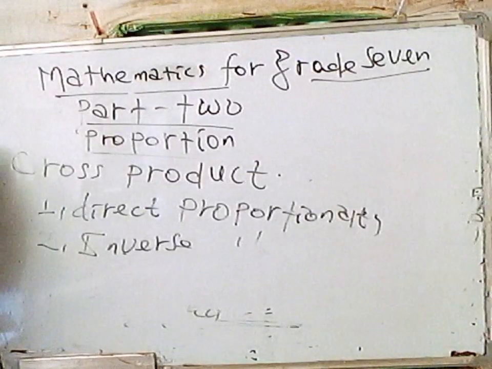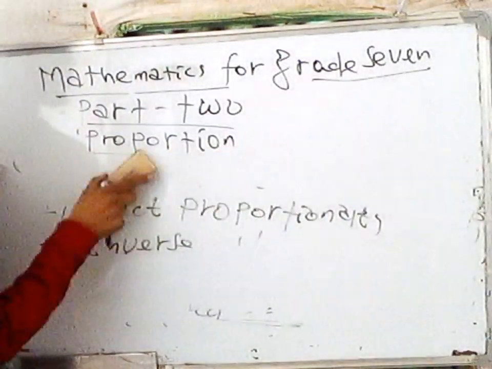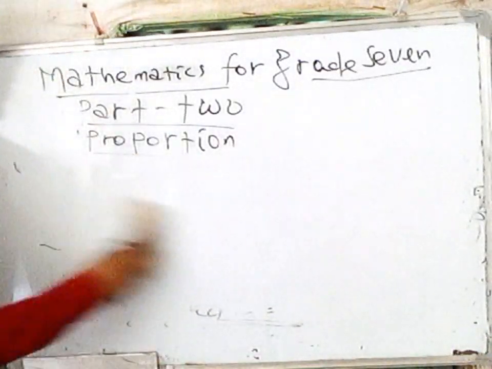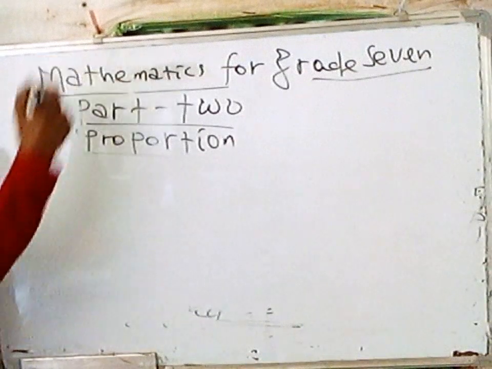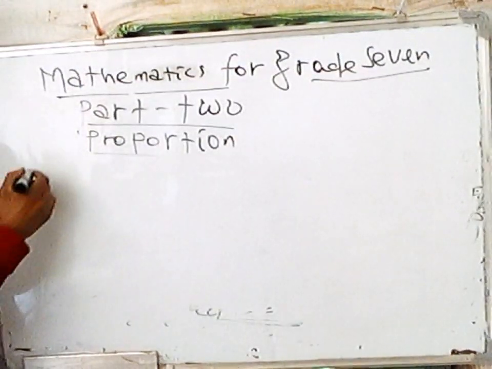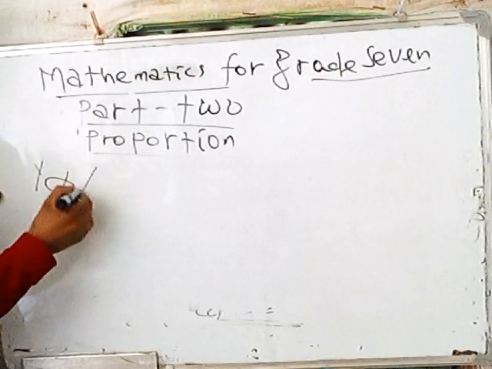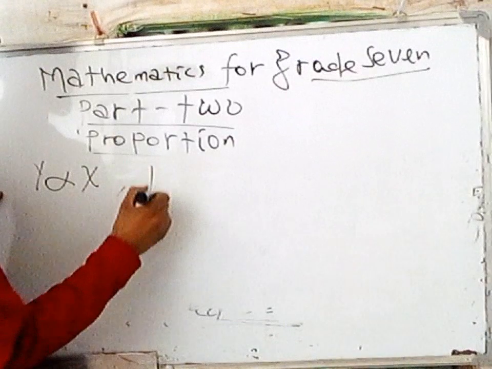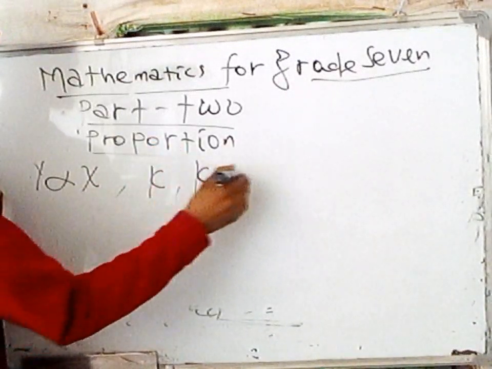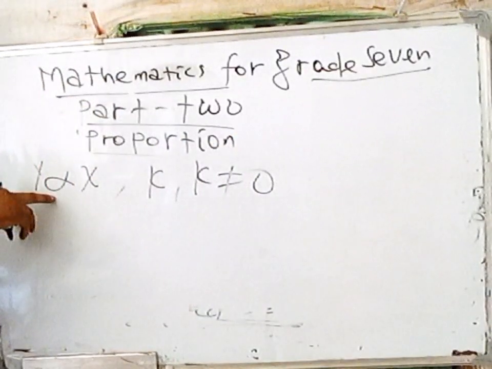What do we mean by direct proportionality? If y is directly proportional to x, there is a constant k where k is different from 0. This is the sign of proportionality.